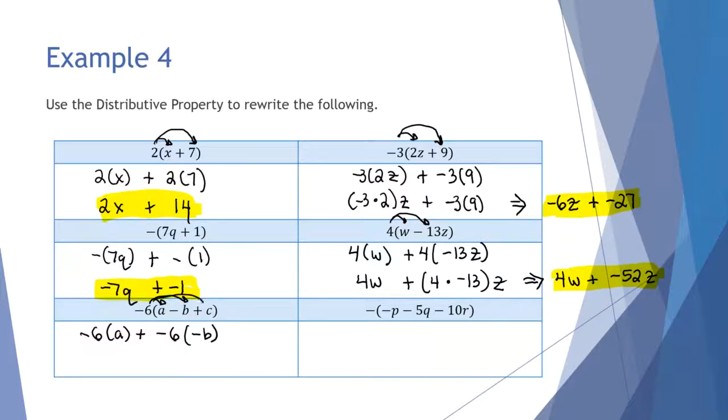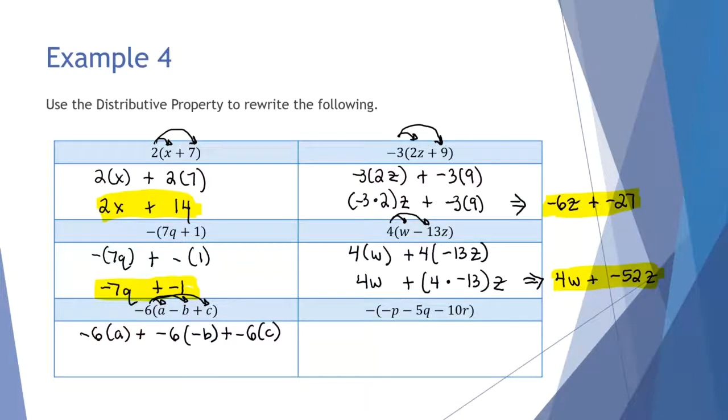And then I need to multiply by the c, so that's plus negative 6 times c. So there's 3 things in the parentheses, so those 3 things all get multiplied by negative 6. And I just write the arrows. It just helps me keep track of where I'm at.